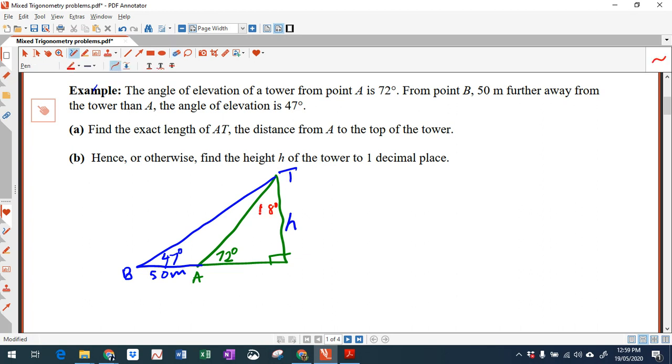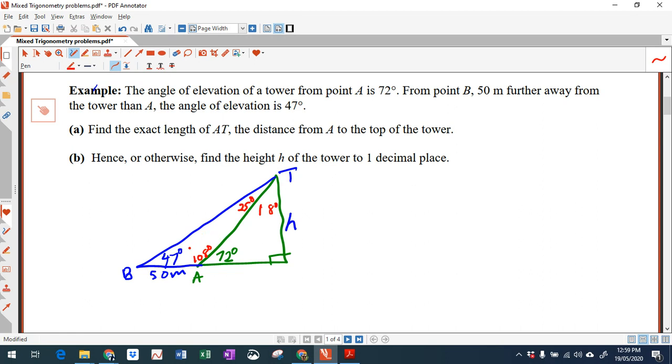Now 72 degrees plus 18, so this will be 108 degrees there. Now 47 plus 108 is 155, so this will be 25 degrees in here.